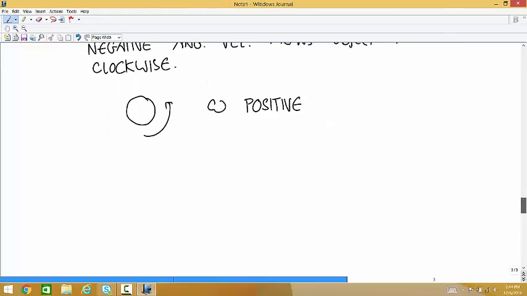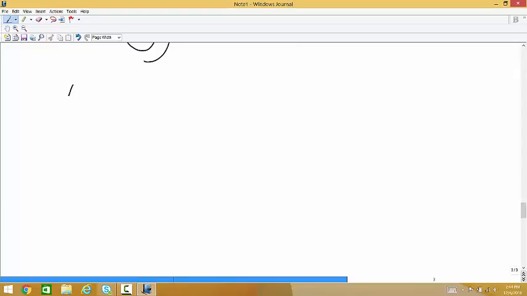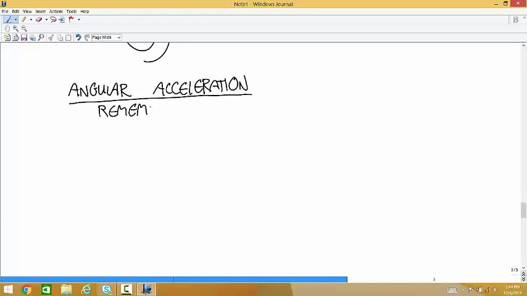Okay, so that's all I want to say about angular velocity. So now angular acceleration. Remember that when we talked about particle acceleration, the acceleration was equal to the velocity at the later instant minus the velocity at the earlier instant divided by the elapsed time.